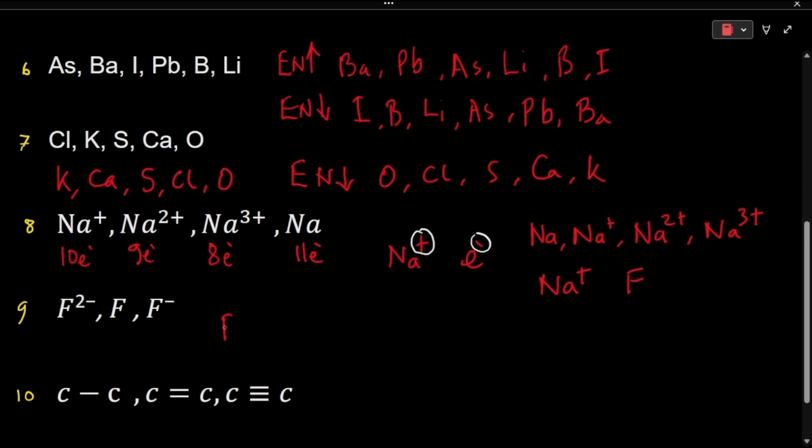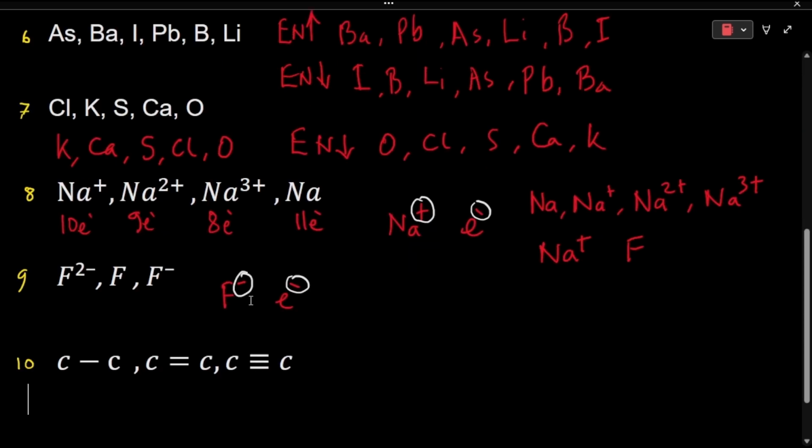Now, if I'm to put an electron in the space of a fluorine anion, the negatively charged particles are going to repel each other, and the more negatively charged the anion, the greater the repulsion is going to be. And so for anions of the same element, the more negatively charged the anion, the lower its electronegativity value.